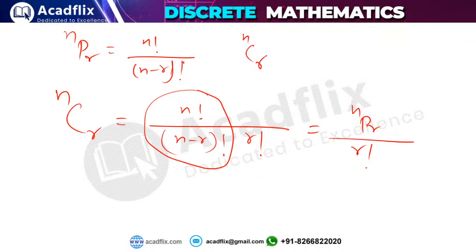So you can say that nCr is nPr divided by r factorial, or you can say that nPr is nothing but nCr multiplied by r factorial. Okay, so let's take one example. What will be 4C3?